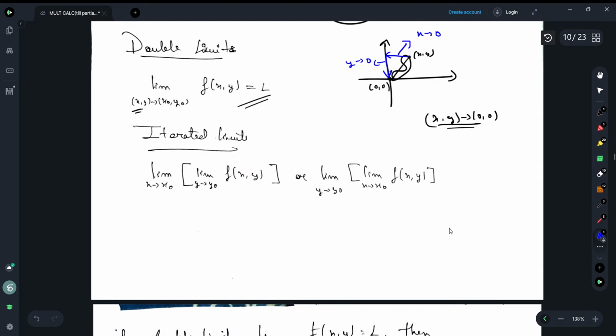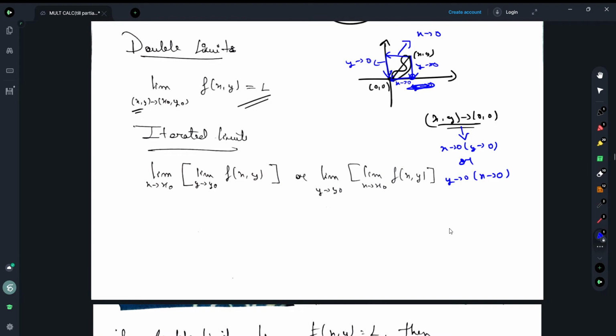Or we can first make the point reach the x-axis, that is, y tends to 0, and next we try to make this point reach the origin, that is, x tends to 0. So what we are basically doing is dividing this path of (x,y) approaching the origin into x tends to 0 after y tends to 0, or y tends to 0 after x tends to 0.